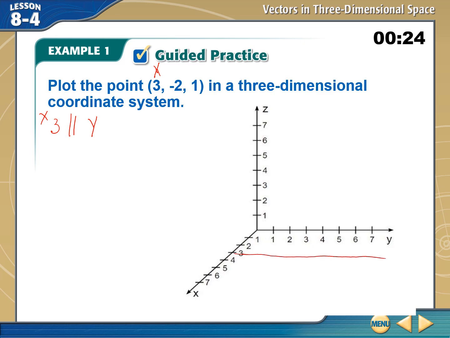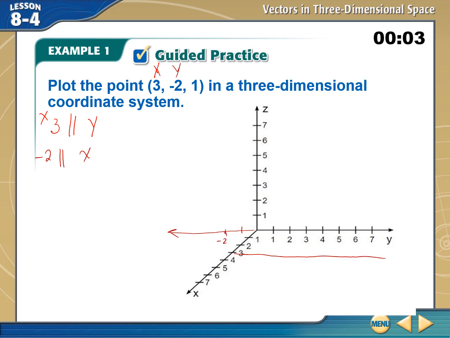Now after that, point y on the y-axis, -2, and make it parallel to the x-axis. So -2 is on the left side, right? Here, -1 and -2.